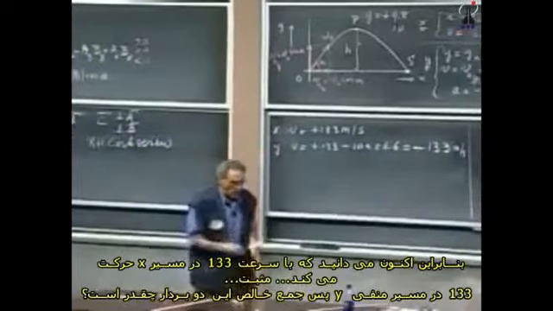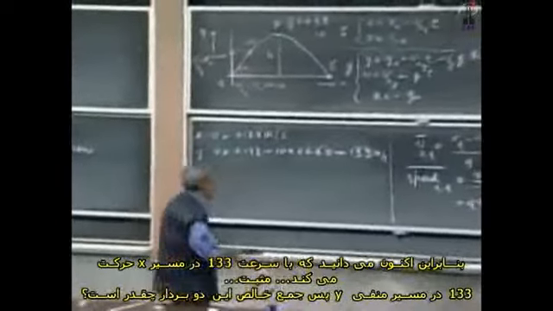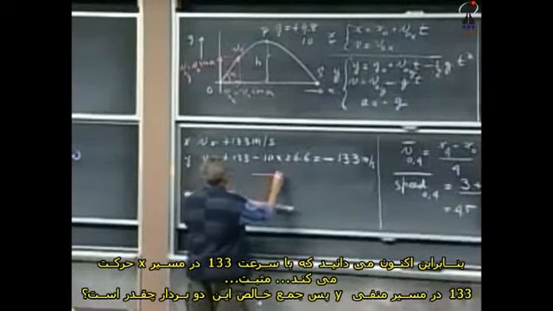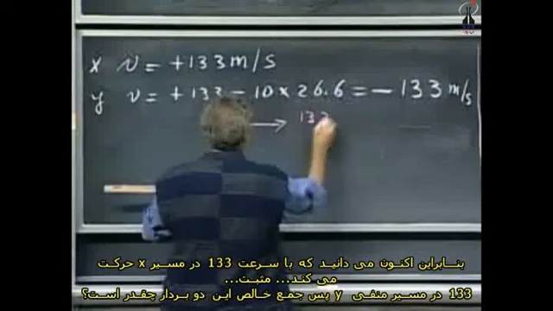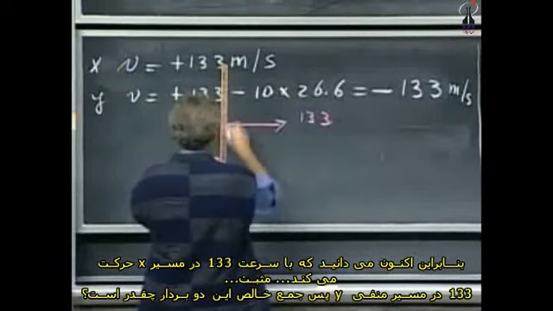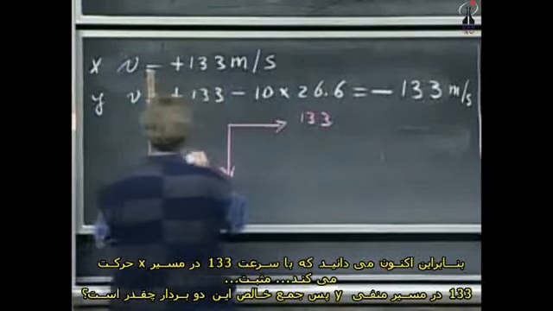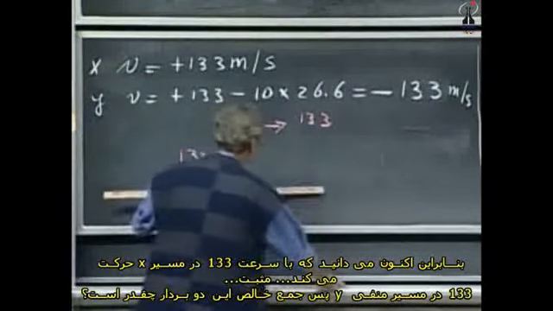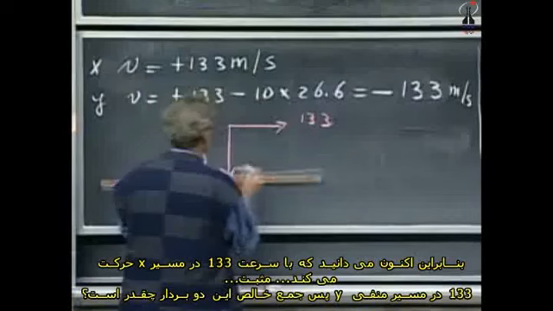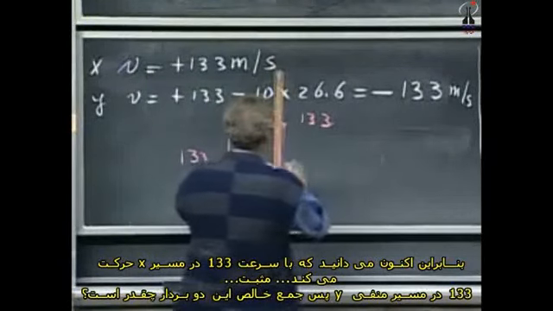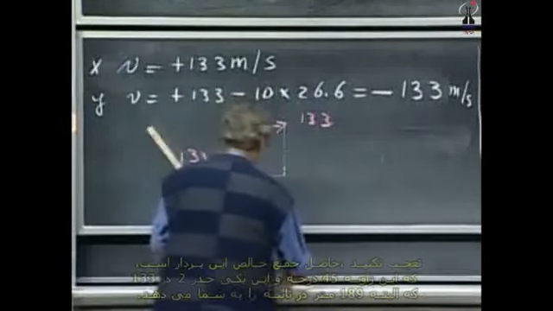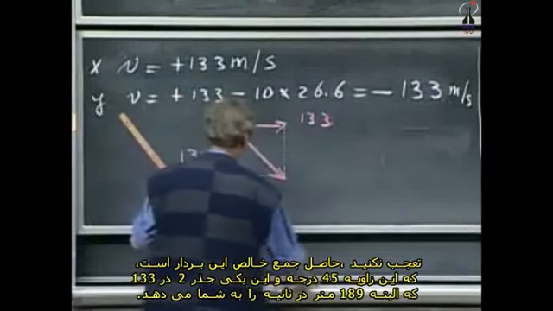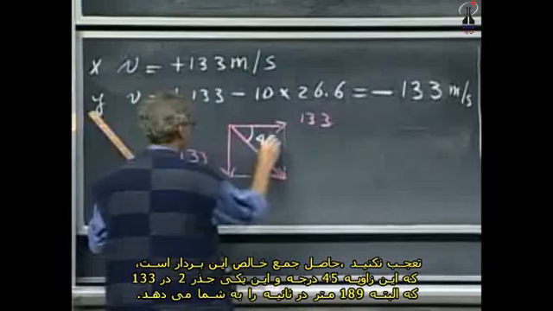So you now know that it comes in with a velocity of positive 133 in the x direction, and 133 in the minus y direction. And so what is the net? The sum of the two vectors. That, of course, is this vector. And no surprise, this angle is 45 degrees.